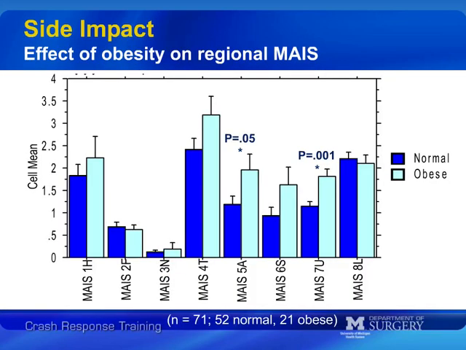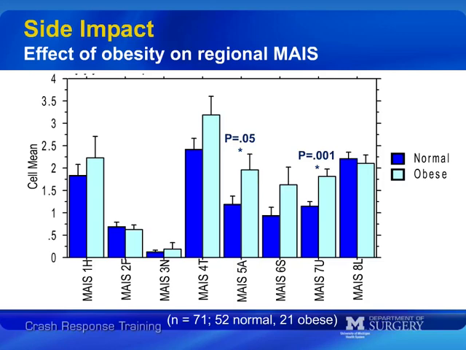This plot shows the effect of obesity on regional maximum abbreviated injury severity score in side impact crashes in the different body regions, from 1H, which is the head, 2F face, 3N neck, 4T or thorax, 5A or abdomen, 6S or spine, 7U or upper extremity, and 8L or lower extremity.